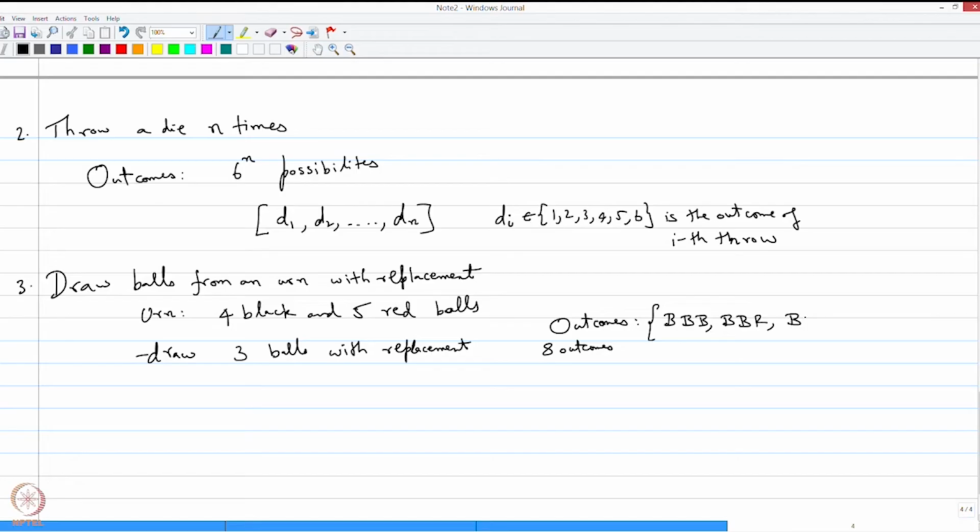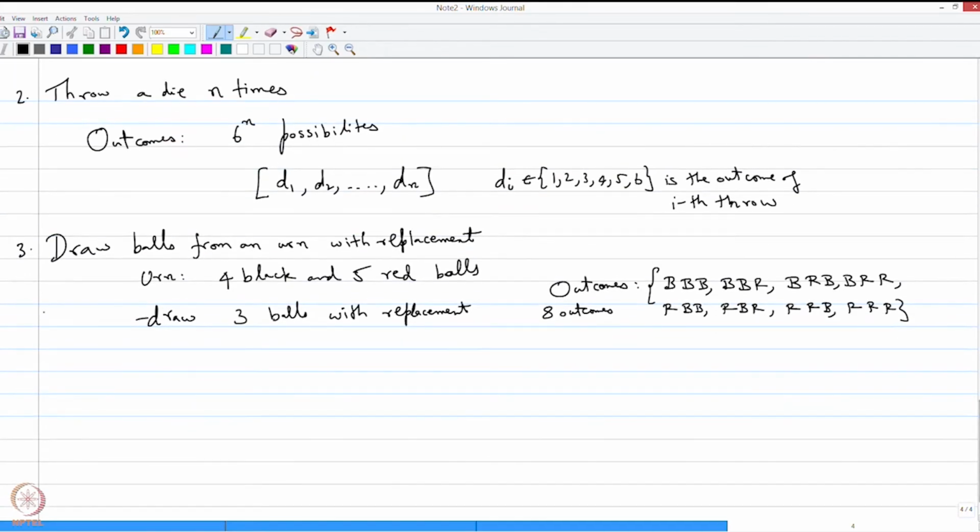They are small enough, so I can write them down: black, red, black, black, red, red, red, black, black, red, black, red, red, red, black, and red, red, red. It's easy to write down. In fact, if you were to draw n balls, you will have 2 power n possible outcomes, as long as you are doing it with replacement. Now, what happens if I draw without replacement? So this is part A. Part B is draw without replacement.